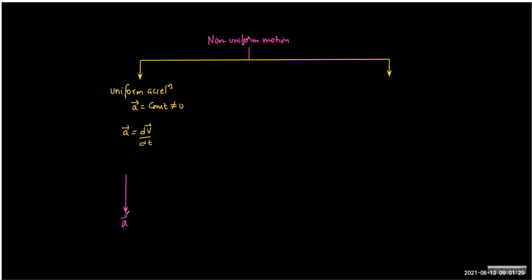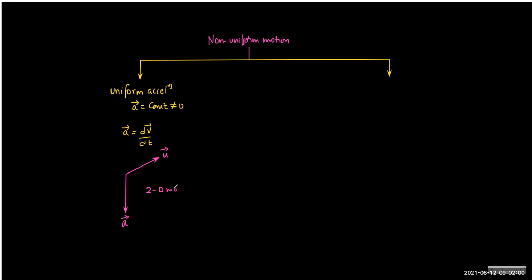Let's say acceleration is this way, and then you throw some object this way. Now the rule is, if the initial velocity and acceleration are not collinear, then it results in 2D motion.